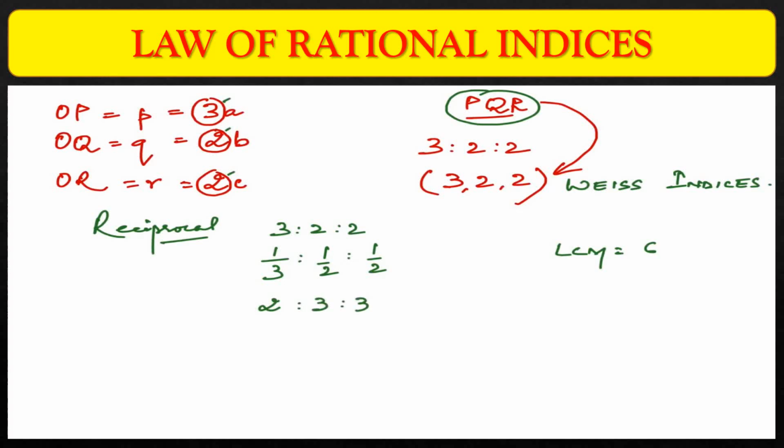Now after taking the reciprocal and multiplying by the LCM, the new set of parameters that we got is 2:3:3. We represent these new parameters as (2, 3, 3) within parentheses, and this new set of parameters is called the Miller indices for the crystal plane.